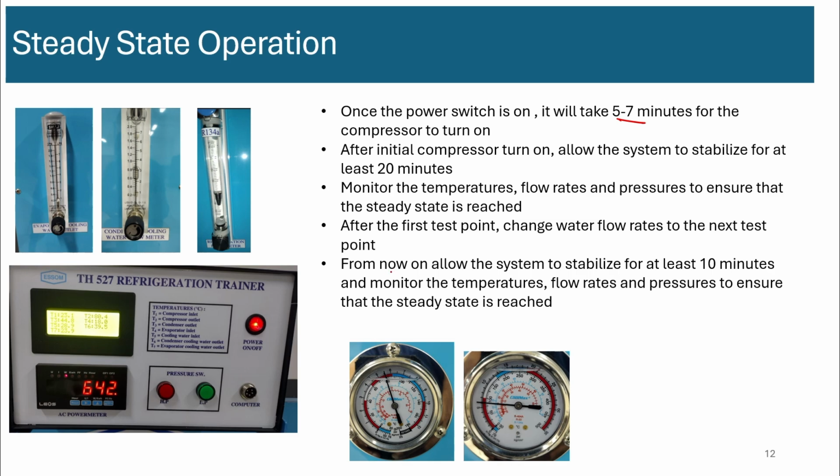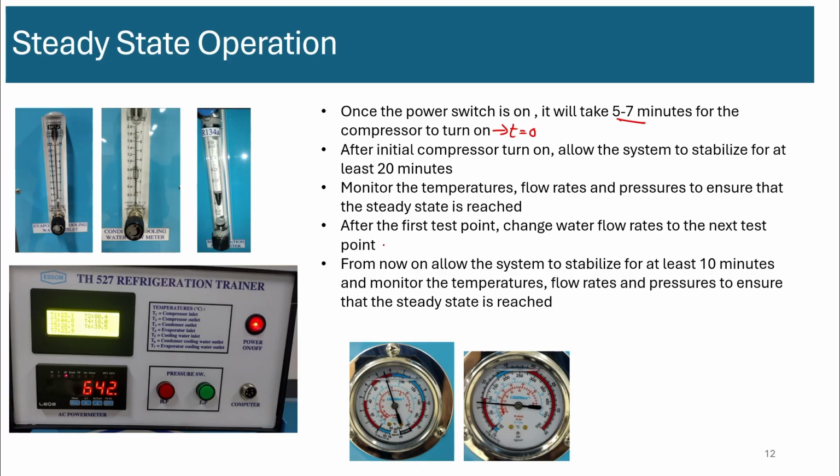And when the compressor turns on, your clock starts. So time t equal to 0, we'll consider as the compressor turning on. From t equal to 0, if you allow at least 20 minutes for the first test data point, you would be closer to steady state or stable operation.